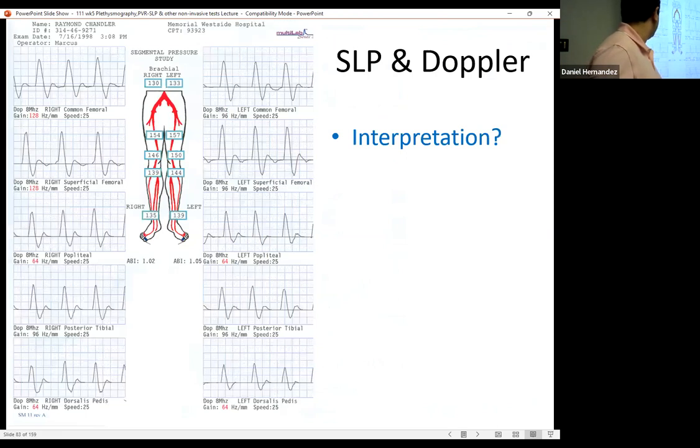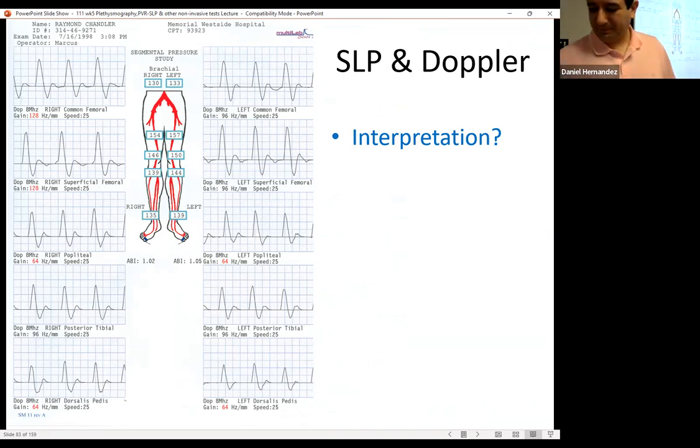I hope I never see that in real life. Pressures always go out two decimal places, so when you're calculating your ABIs, it always goes out two decimals. So if you land on the nose at 0.90, then you can come back and call it.